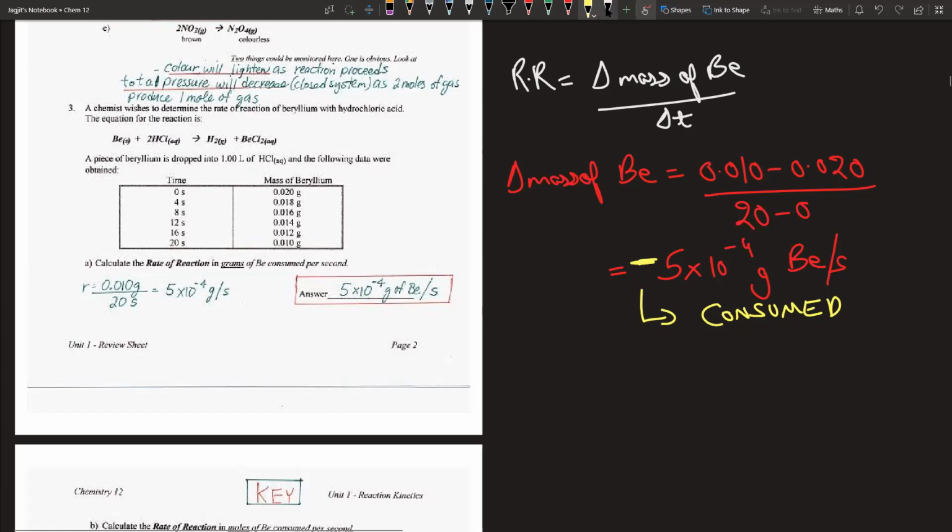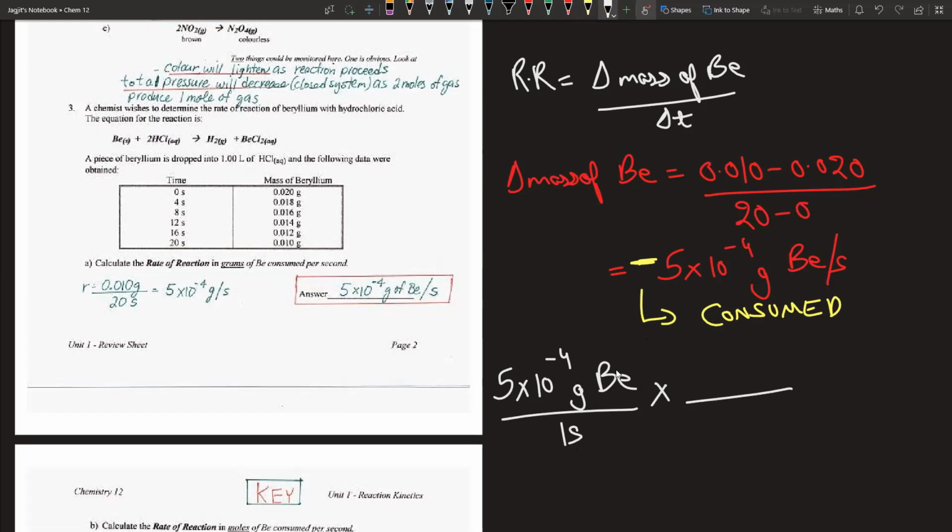Now, in the second part, they're going to say, express it in terms of moles of Be per second. So you say, I have 5 times 10 to the power minus 4, and I'm going to ignore the negative now because it just means consumed. So we have 5 times 10 to the power minus 4 grams of Be being consumed in 1 second. And they say express it in terms of moles per second.